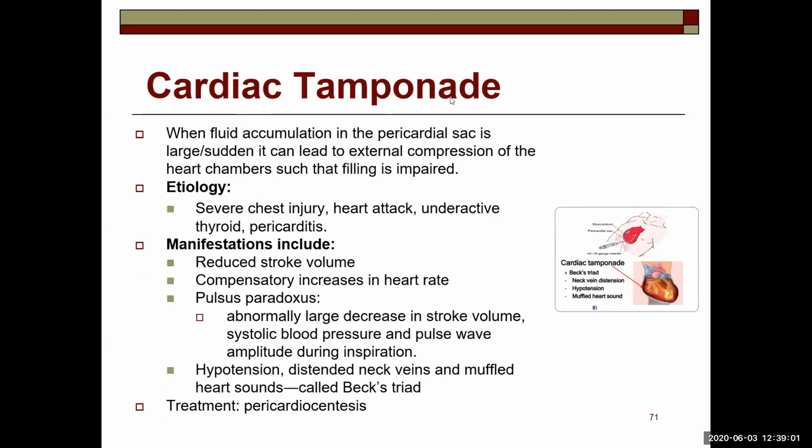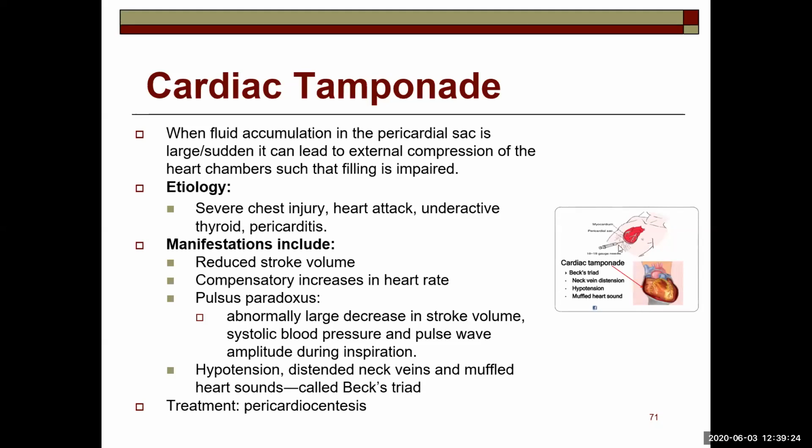So cardiac tamponade is basically when you have fluid accumulating in the pericardial space that will be pushing against the muscles of the heart. Usually when this happens, you have a backflow of the blood back into the right side of the heart.